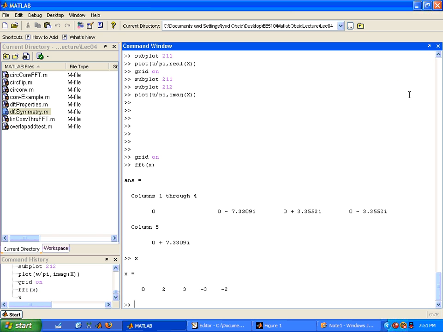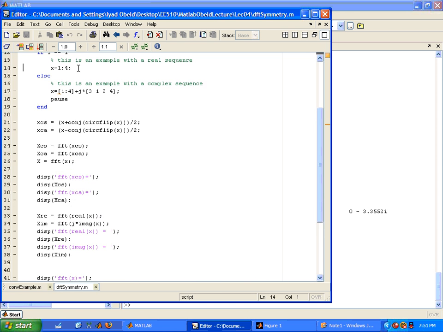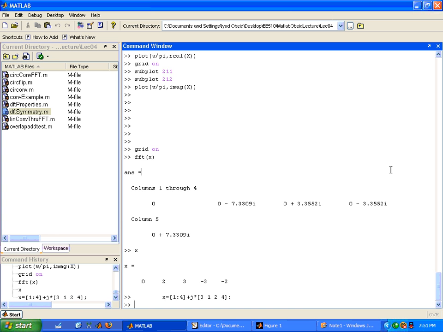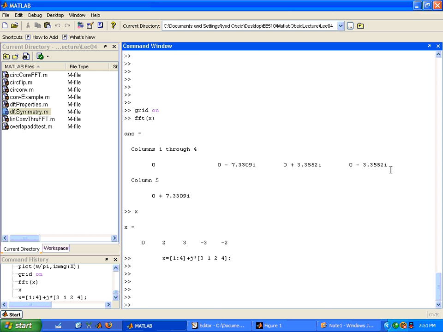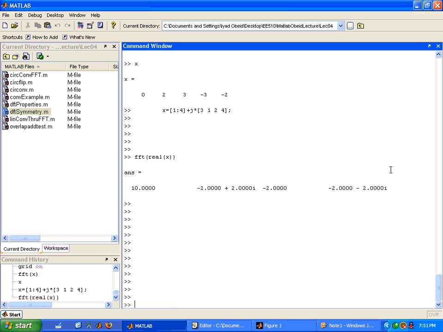Let's go back to my signal. Evaluate. So I'm going to take the FFT of the real part of x. What is that?